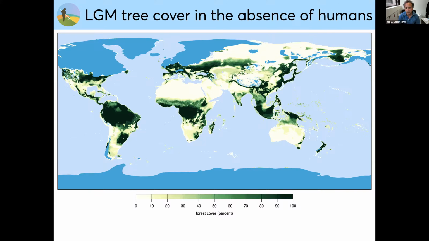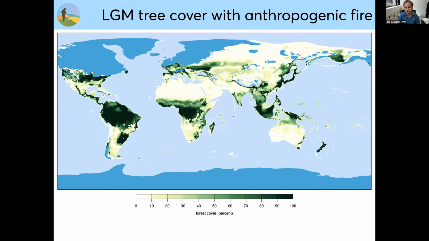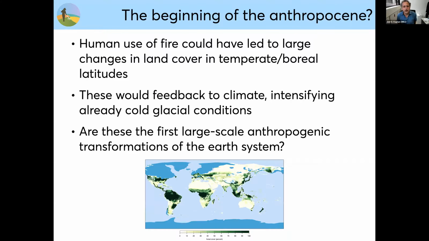There's also some more moderate reduction in forest cover in places like China, India, and in Northern Africa, and right down into Australia. Okay, so people could have had a large-scale influence on land cover in the late glacial time.